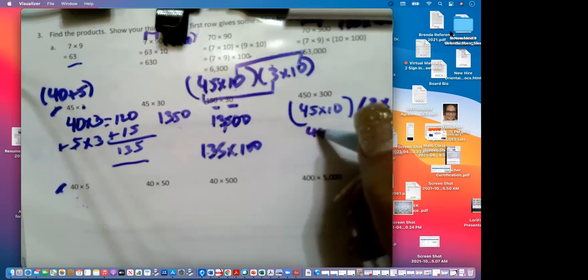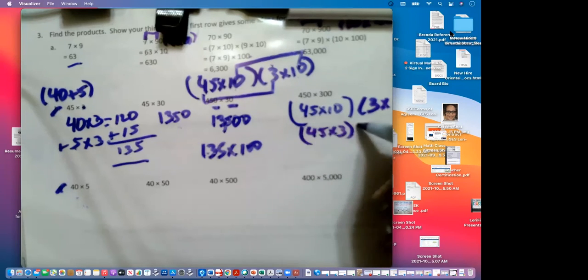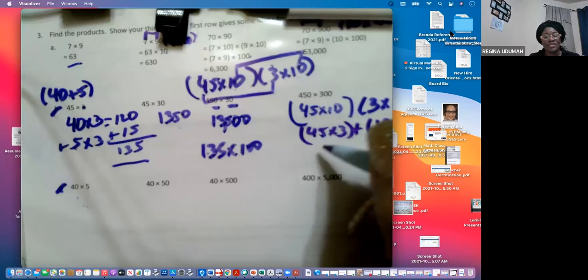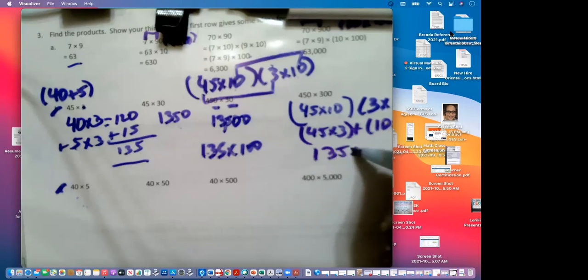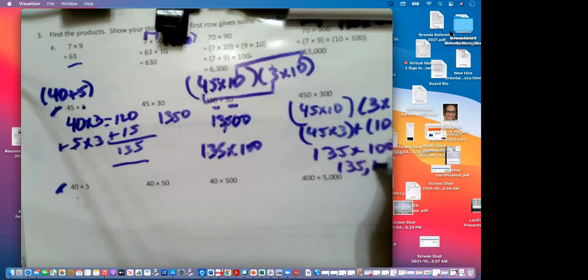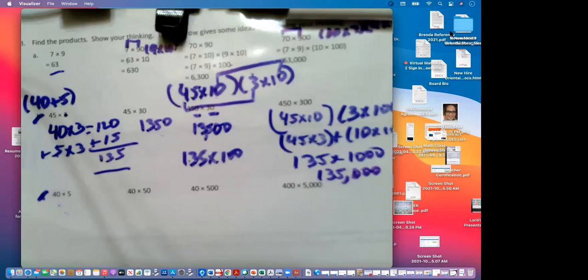So 45 times 3 plus 10 times 100 gives you 135 times 1,000, which is 135,000. You see it?